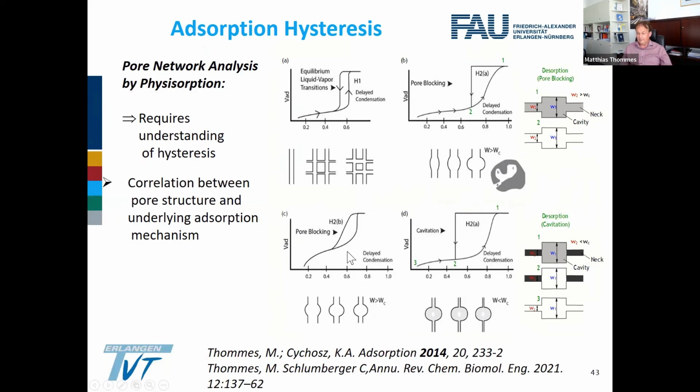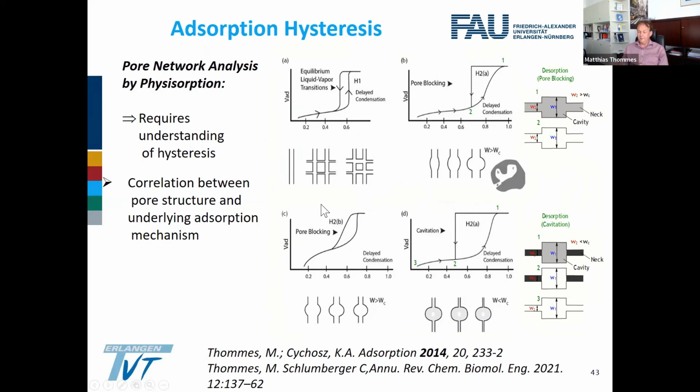This is also the case when you have an H2B hysteresis, where you don't have a pore connectivity like this, but a pore connectivity more like you can see in certain ordered silicas like KIT-5 silica, for instance, but also in certain carbons and other materials, mesocellular foams, for instance, where you empty each ink bottle according to the neck size. So the desorption branch corresponds to the neck size distribution, while in this case you have a very narrow distribution of pore cavities, and therefore this is so steep.